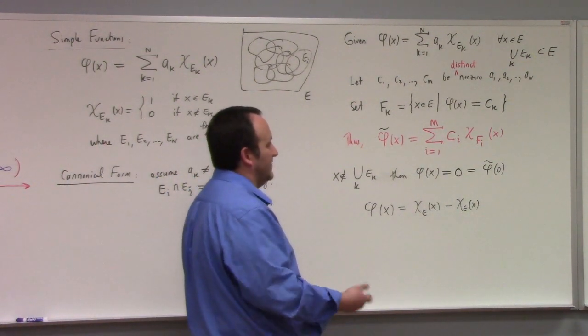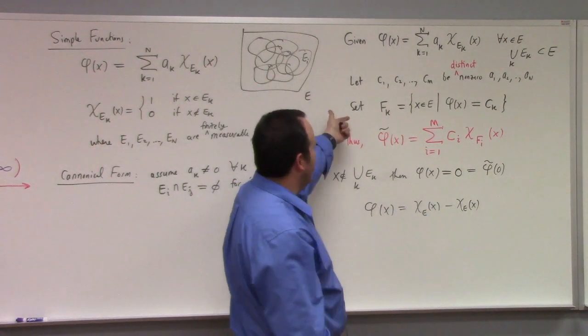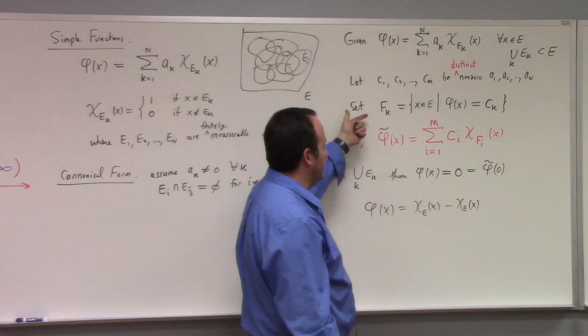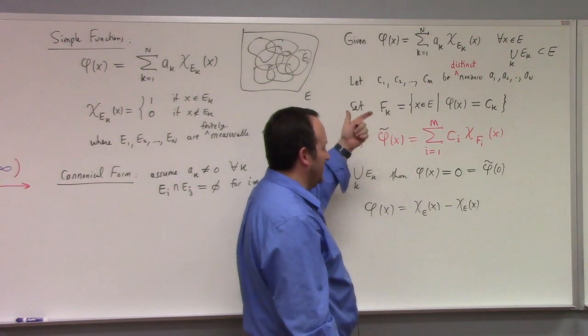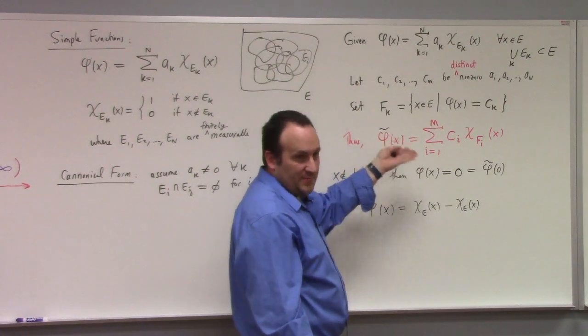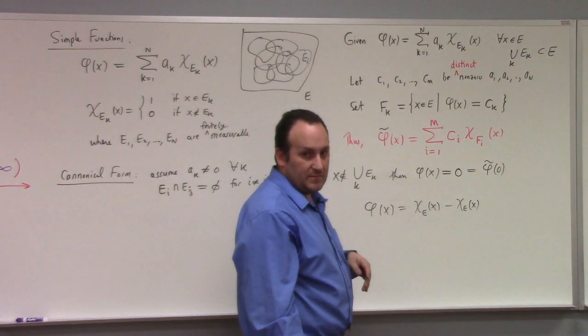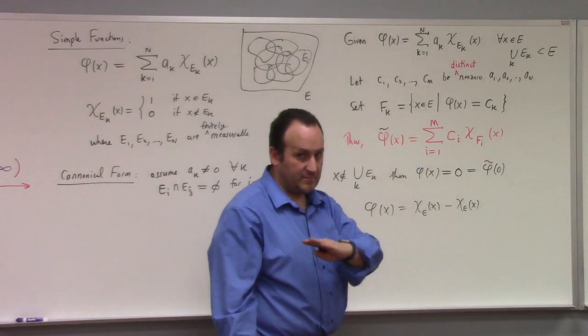I mean, the full set. There's a missing sentence on the board: set F_k this, and for F_k non-empty, keep that k. If F_k is empty, delete it from the list. I agree.